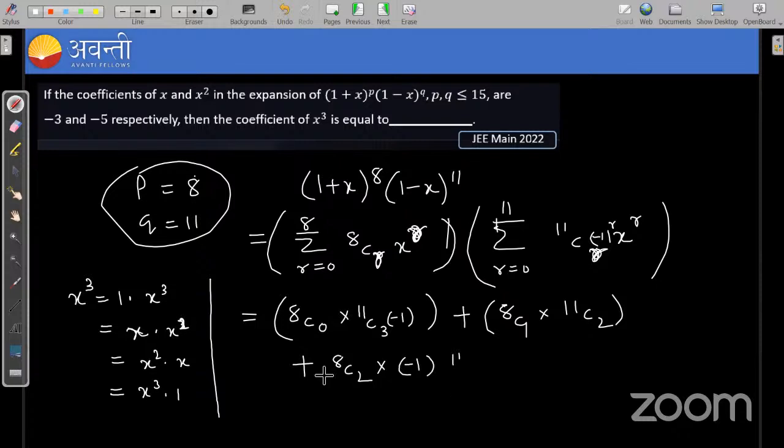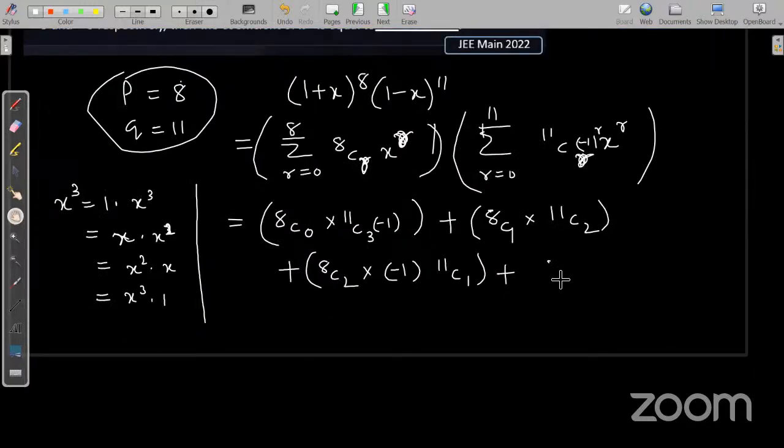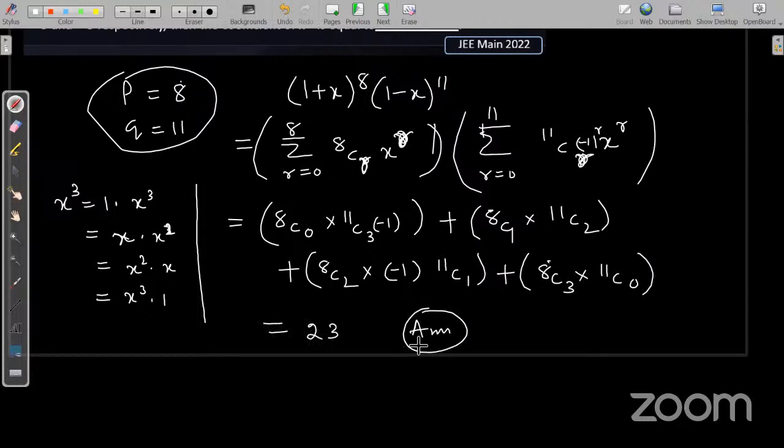Plus x cube, the first term needs to be 3, so r is equal to 3, that is 8C3 into 11C0. If you calculate all these combinations, you will get the answer 23. The coefficient of x cube will be 23.